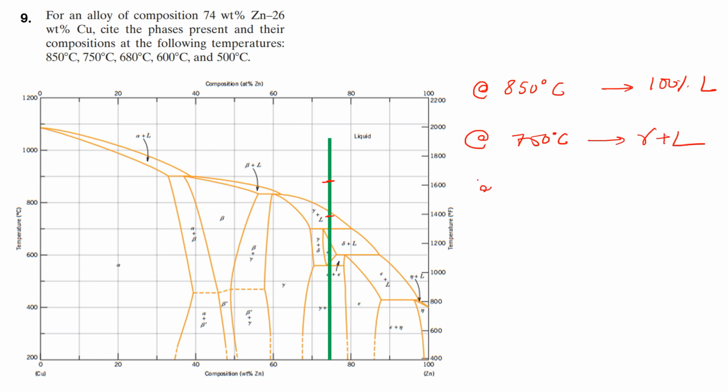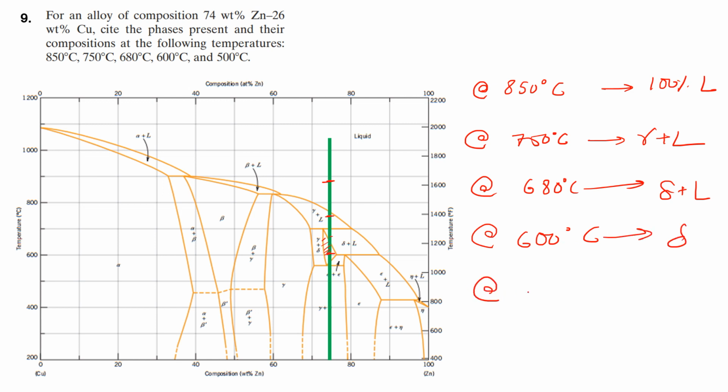At 680 degrees centigrade we have delta plus liquid phase, right? That's over here. At 600 degrees centigrade we're completely in the delta phase, right? Over here.